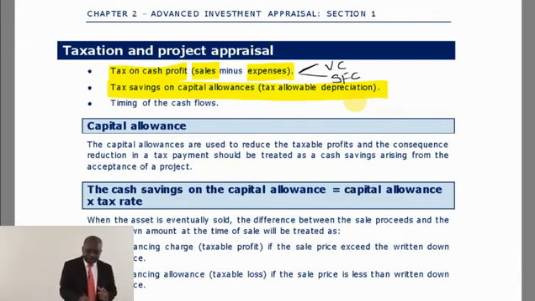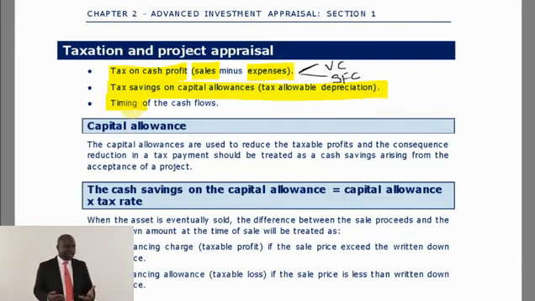So you would have to respect the timing. The examiner might tell you the tax might be paid in arrears or in relevant years. So if he says it's in arrears, then year 1 will be paid in year 2. If he says in relevant years, year 1 will be paid in year 1. So when you read the question and there is tax, you have to be organized and know how to handle it within the investment appraisal situation.